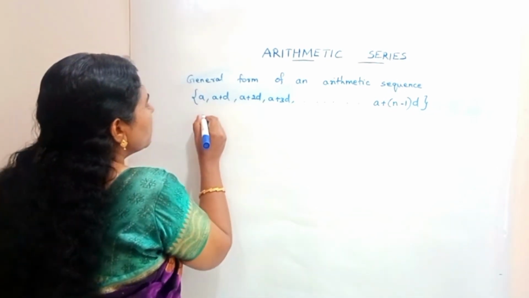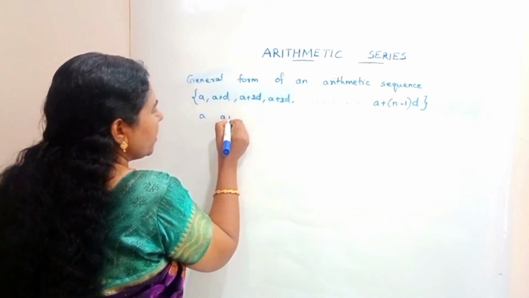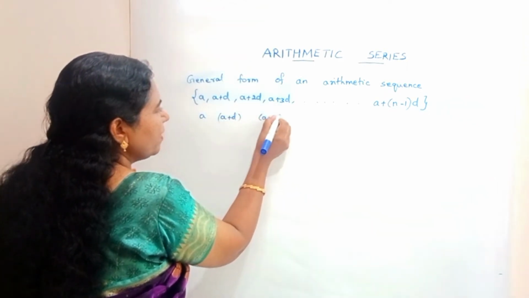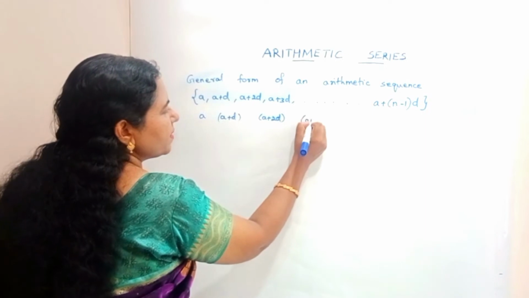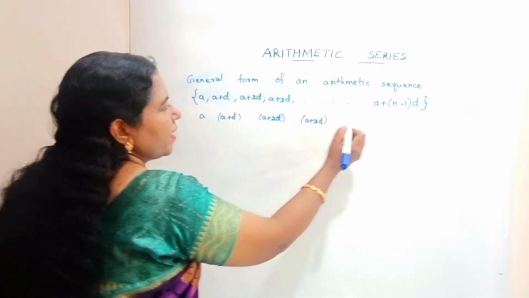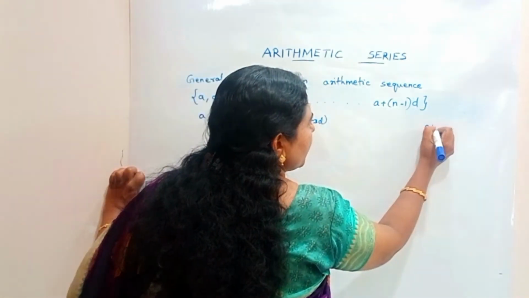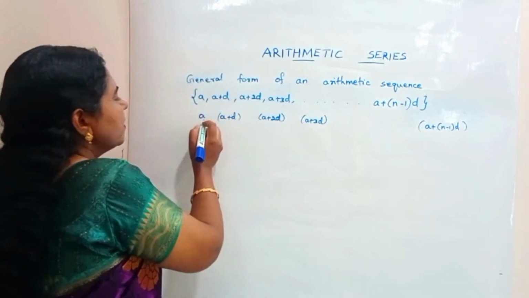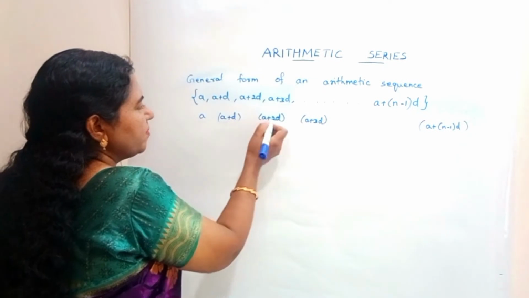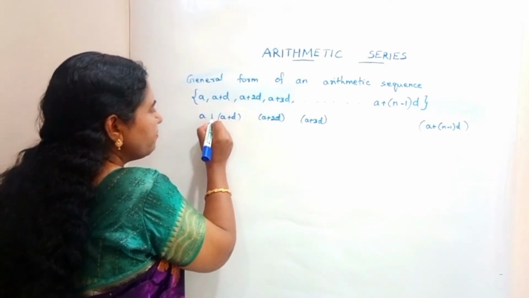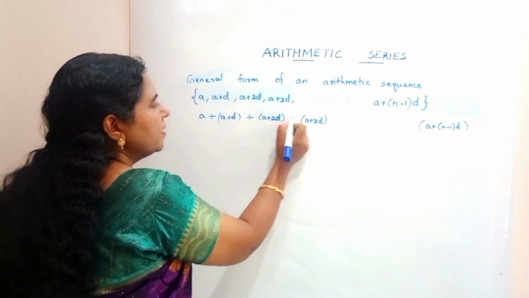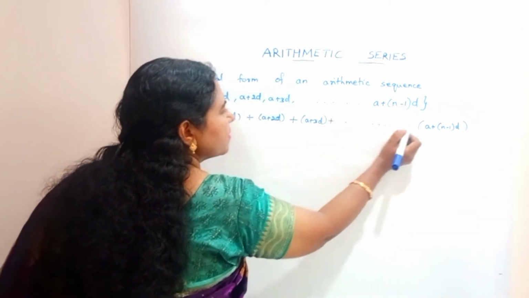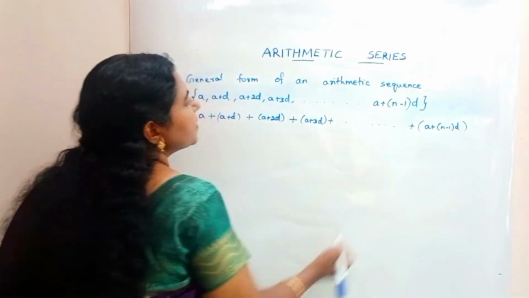So the terms are a plus d, then a plus 2d, a plus 3d, and at the last we will have a plus n minus 1 into d. Here this is the first term, this is the second term, third, and it goes on. If we are asked to find the sum of these terms, it becomes an arithmetic series.